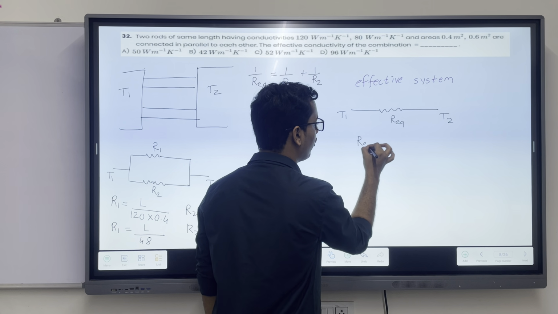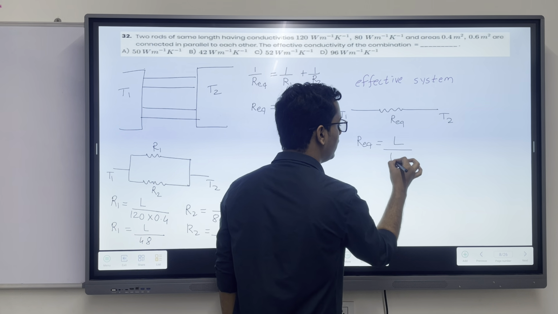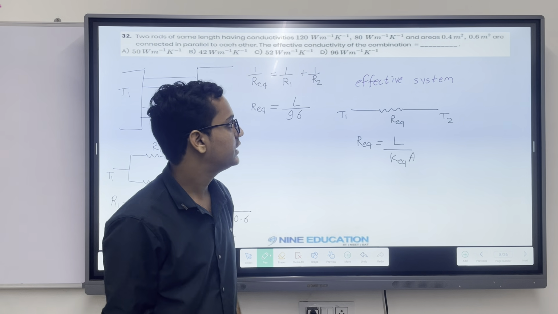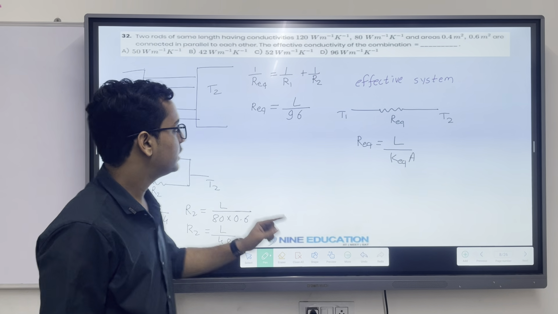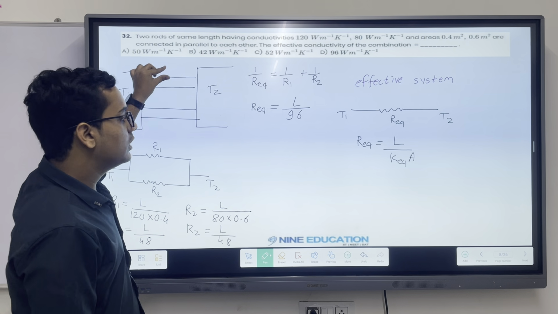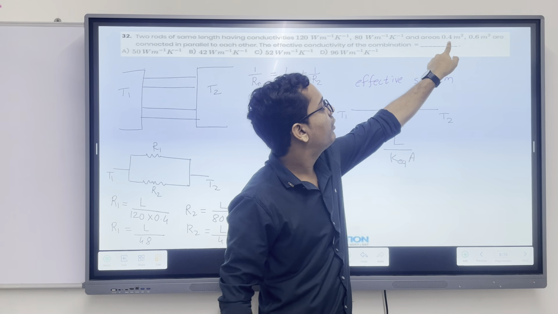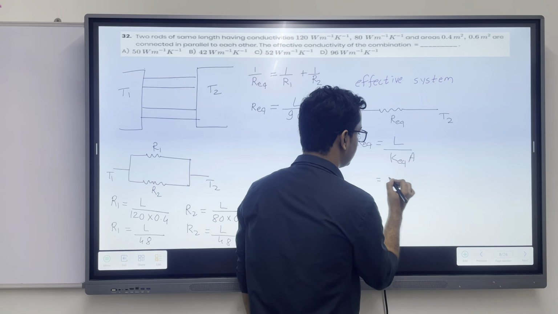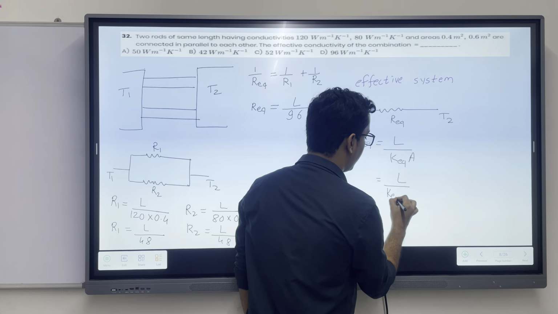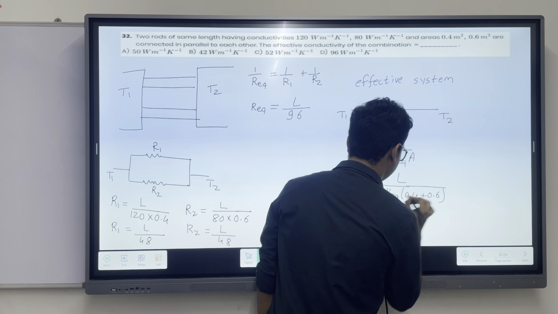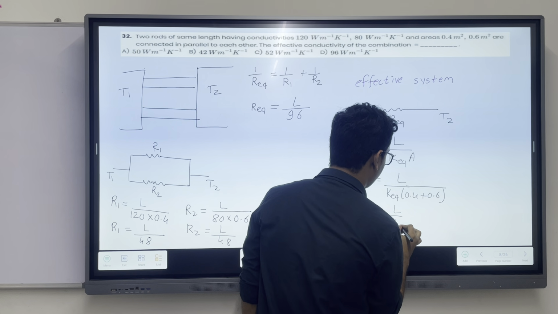So I can write R equivalent as L over K equivalent into A. Now, what about the area of cross section? What is the area of cross section of these two combined? The area of cross section of these two combined is 0.4 plus 0.6. So this is L by K equivalent into 0.4 plus 0.6, which is nothing but L by K equivalent.